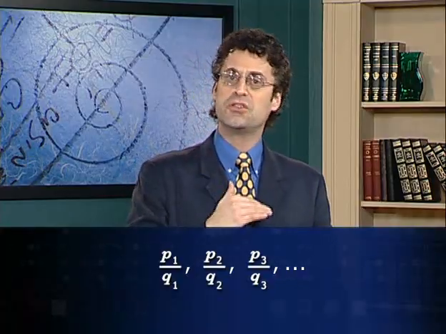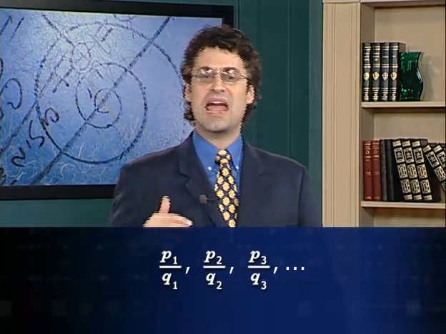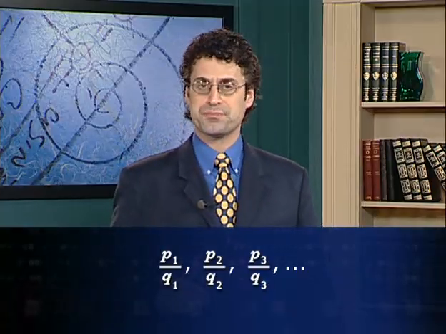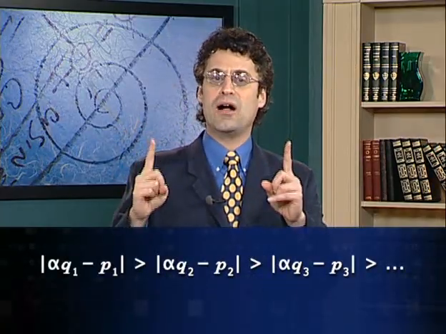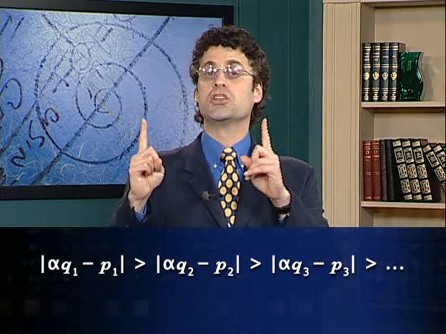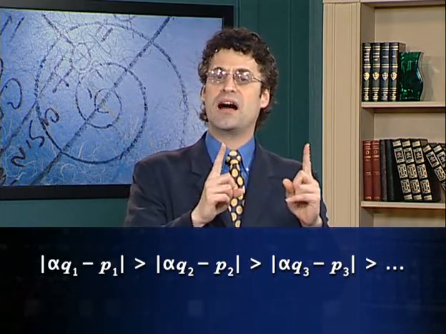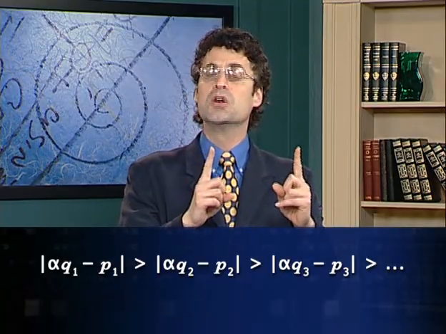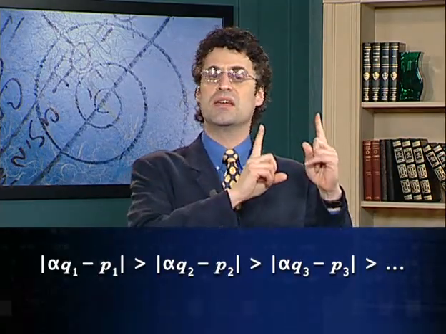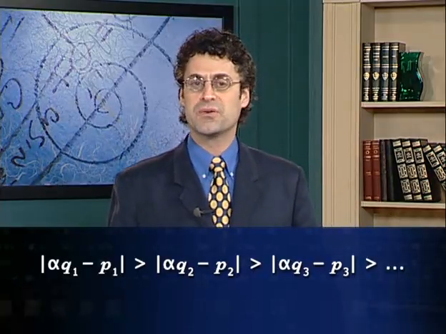If we now assume that alpha is irrational, then as we allow capital Q to take on larger and larger values without bound, we can generate an endless list of rational numbers, and I'll call them P1 over Q1, P2 over Q2, P3 over Q3, and so on, and they satisfy the following string. The absolute value of alpha Q1 minus P1 is larger than the absolute value of alpha times Q2 minus P2, which in turn is larger than the absolute value of alpha Q3 minus P3, and so on.